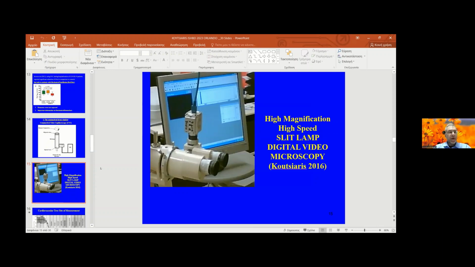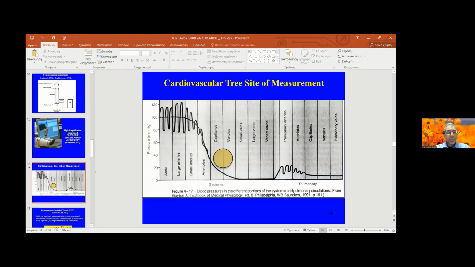So let's see now where we measured in our COVID-19 study. This is a diagram of the cardiovascular tree from the famous Guyton medical physiology. So we have the heart, then the aorta, large arteries, arterioles, capillaries, venules, small veins, large veins, then back to the heart, then the pulmonary circulation, then back to the heart.